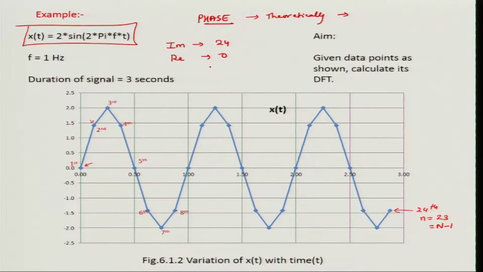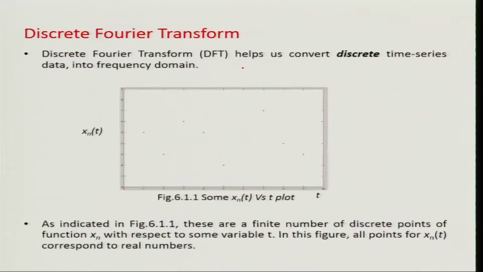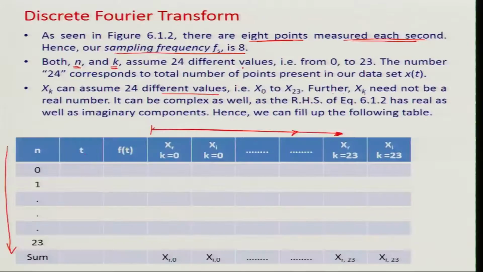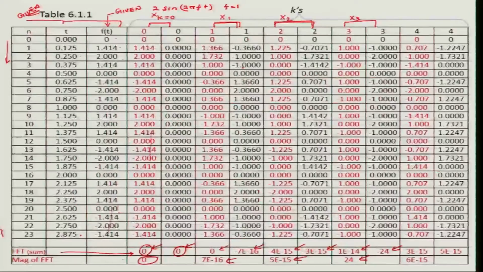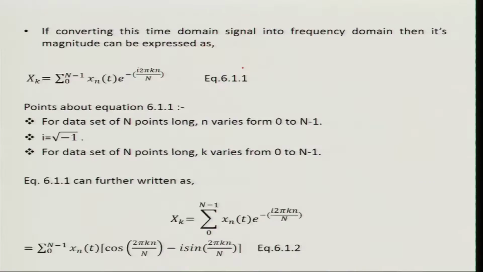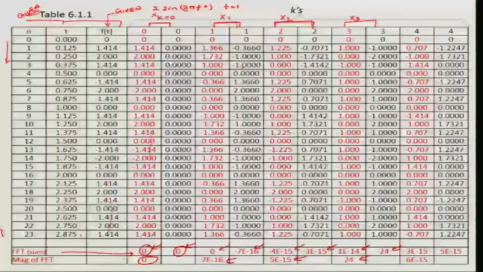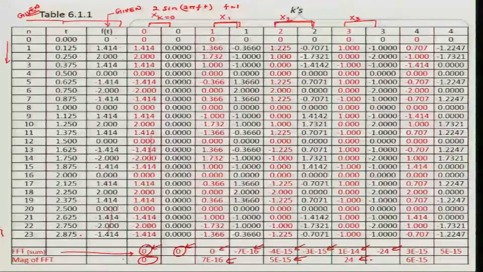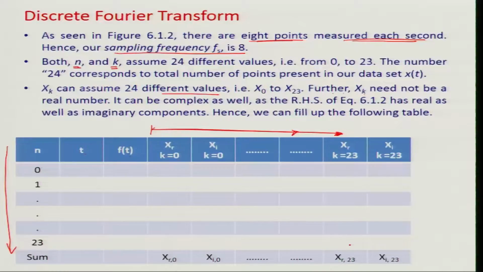So, tan inverse of 24, no, actually sorry, it is minus 24. The imaginary component is minus 24, the real component is 0. So, from this you can compute the phase also.